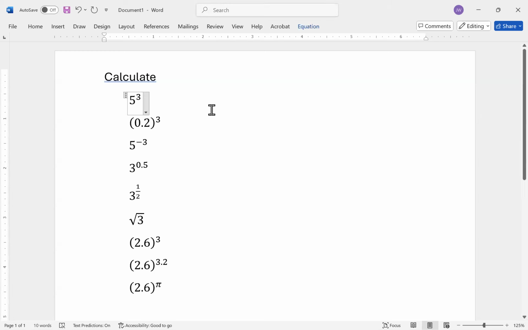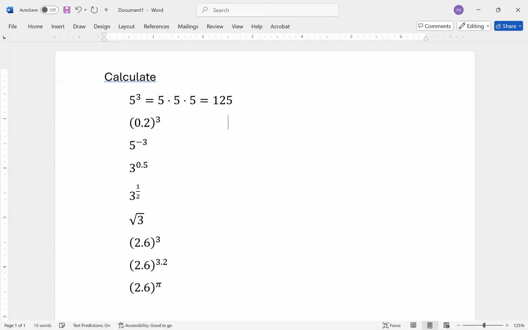5 to the third power is like 5 times 5 times 5, which I can type in on my calculator. I can also type in on my calculator 5 raised to the third power. We've done that when we were dealing with polynomials and plugging in numbers into polynomials.